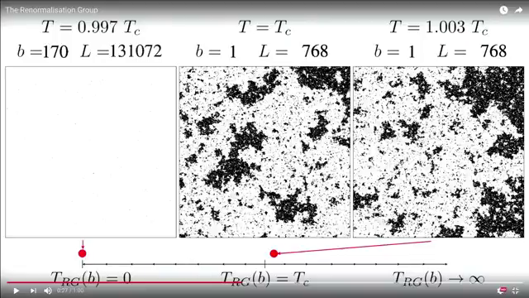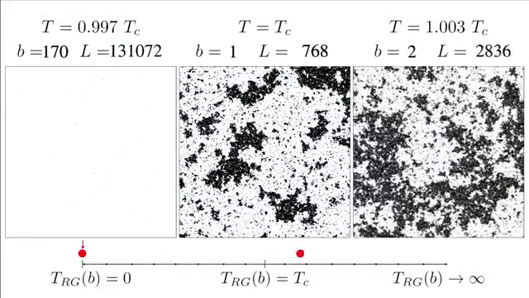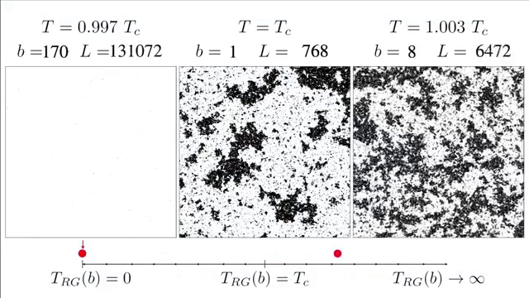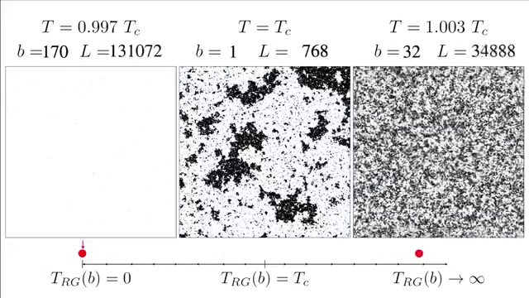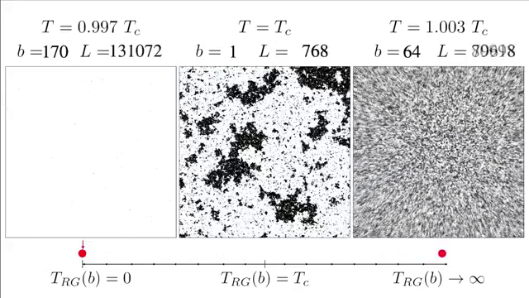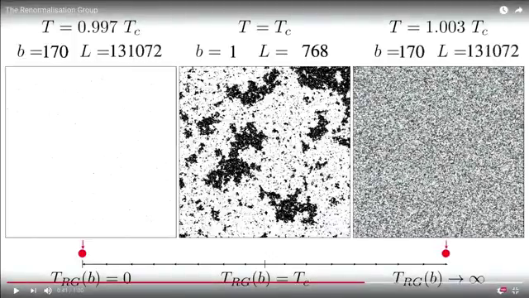And it's equivalent to the low temperature state once you're at a very coarse grain length scale. So next is the high temperature one. It's only 0.003 above the transition temperature. But as you zoom out farther and farther, it looks totally random.